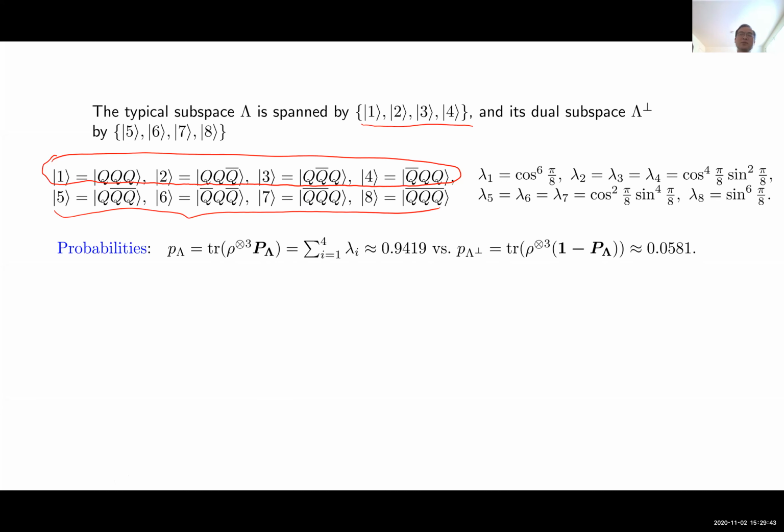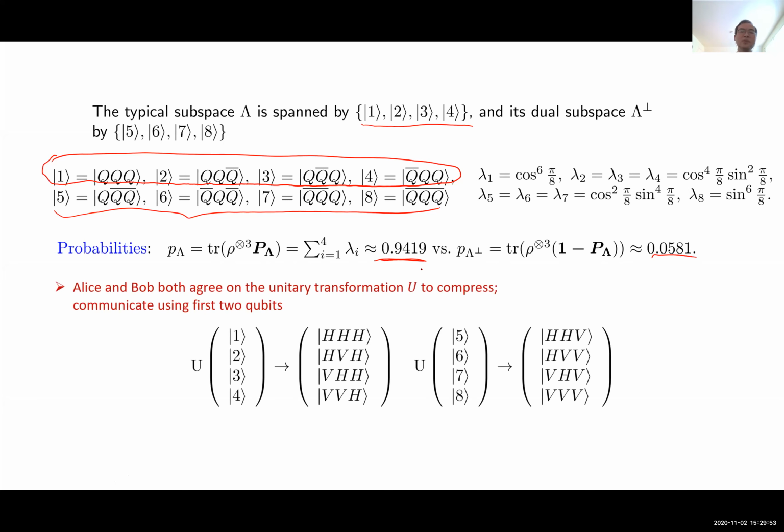So these 2 numbers already indicate that it's probably better to use the typical subspace. So then what Alice and Bob would do is agree on some unitary transformation that they will use to compress. For example, they can assign this 3 qubit state: 1 to HHH, 2 to HVH, 3 to VHH, 4 to VVH.